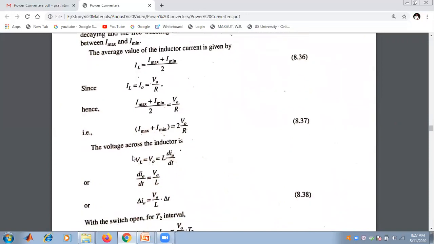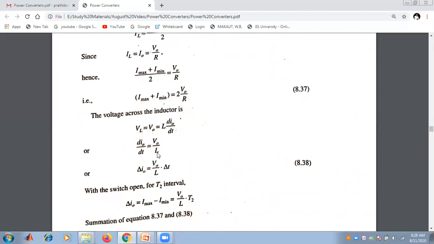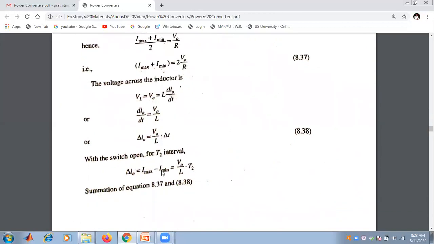We all know that the voltage across the inductor, VL, equal to V0, is equal to L di/dt of I0. So we can write di/dt of I0 equal to V0 by L. So the change in I0 is V0 by L times the change in time.